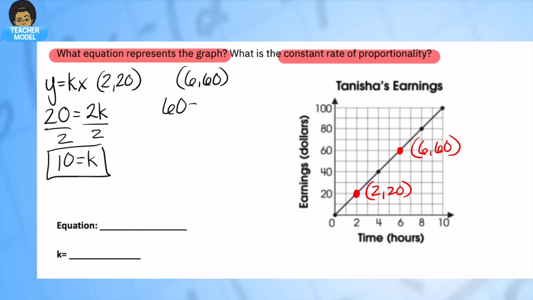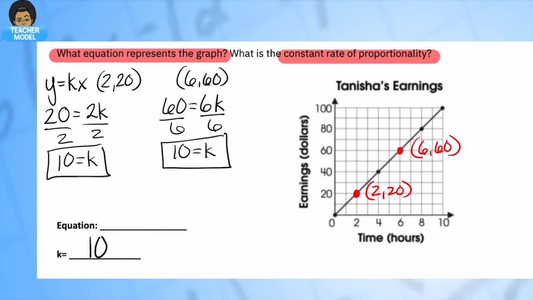So 60 is equal to 6 times k. Divide both by 6. 10 is equal to k. So we know what k is. k is equal to 10. We know our format, y equals kx. Therefore, y is equal to 10x.